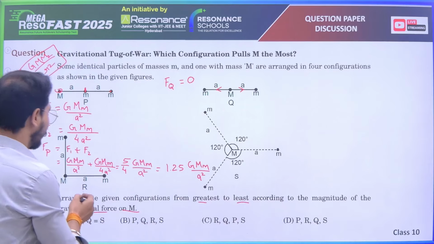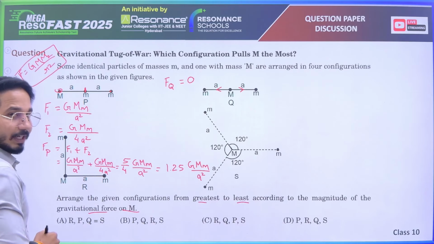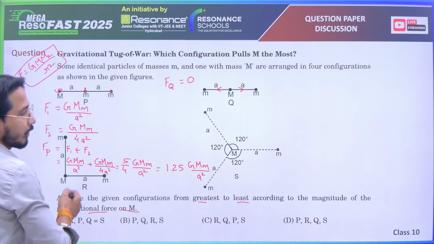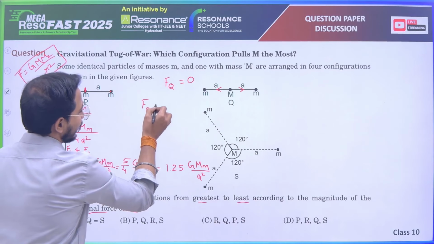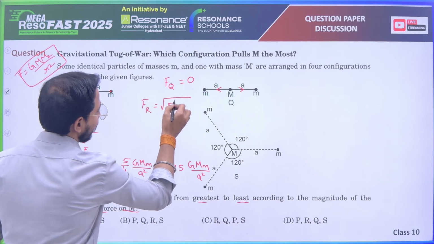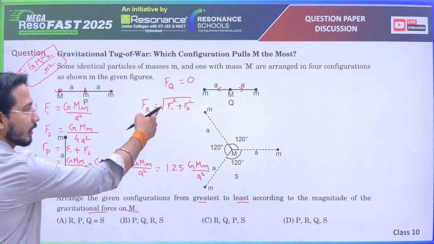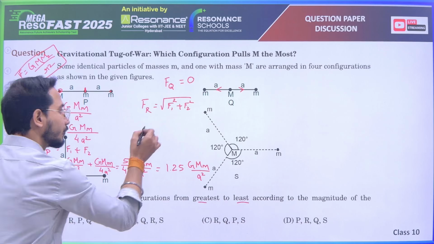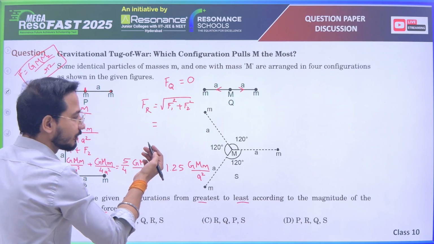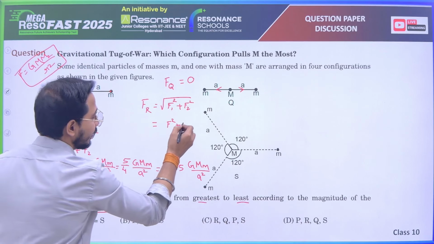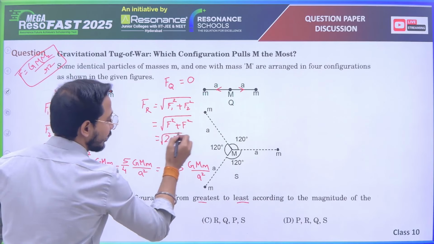Now coming to figure R. Here we can see the masses are kept at right angles. So we will apply the Pythagoras theorem for calculating the net force at figure R. So force at R will be equal to under root F1 square plus F2 square. Since the magnitudes of the forces are the same, it is F square plus F square, which equals under root 2F square.